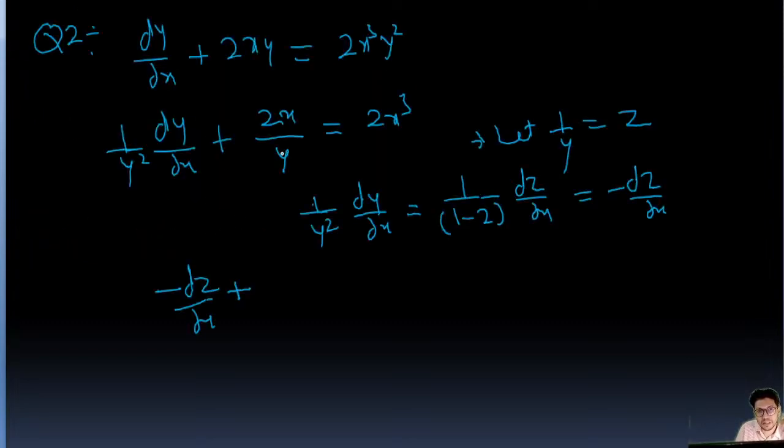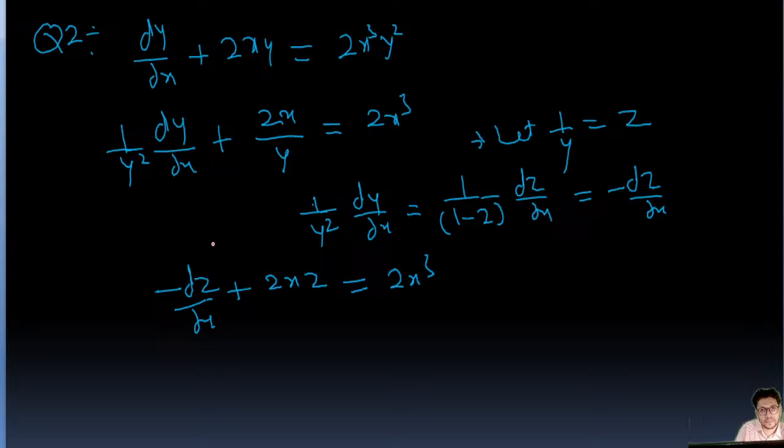Plus pz, where 1 upon y is z, right? 2xz is equal to 2x cube. So this is the equation, guys. We have reduced this equation into a linear differential equation.